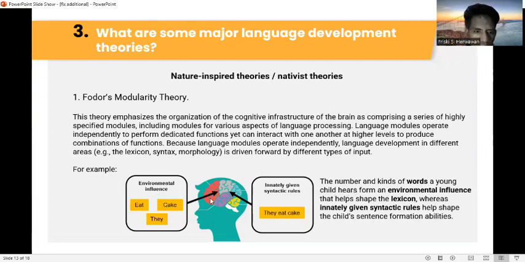For example, from this picture, several words young children hear from environmental influence, such as the words eat, cake, they, help the child to shape lexicon or vocabulary collection, whereas an innately given syntactic rule helps the child to shape sentence formation abilities. So from the child's innate ability, the child can create a sentence from those words, such as the sentence, they eat cake.